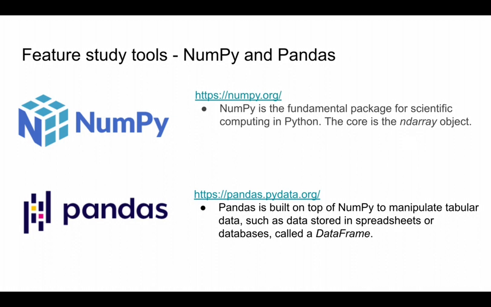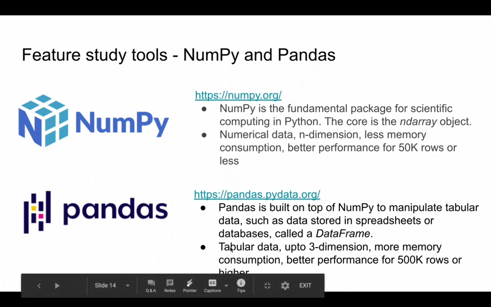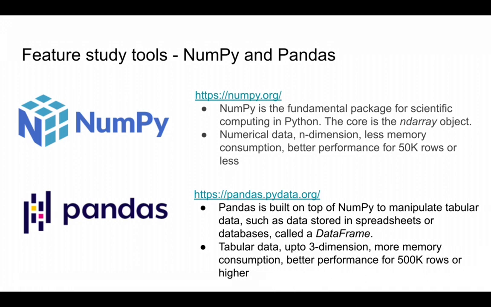The difference between NumPy and Pandas is based on the number of dimensions. NumPy is for numerical data. It has n dimensions without limitations. It has less memory consumption and better performance for 50K rows or less of data. While Pandas is designed for handling tabular data, it can only handle up to 3 dimensions.